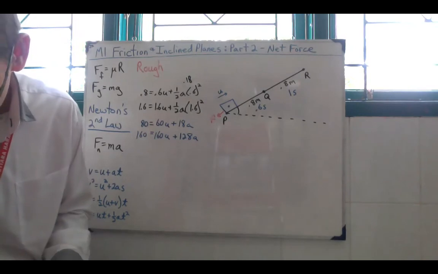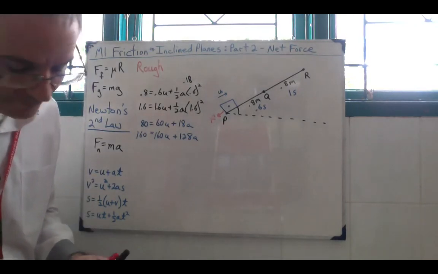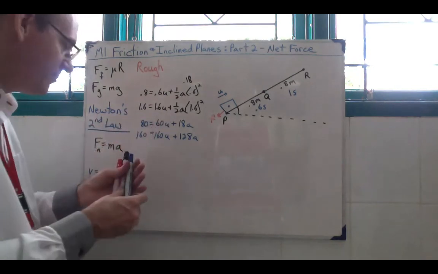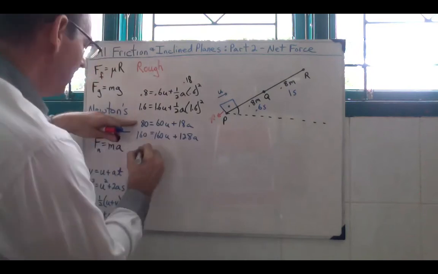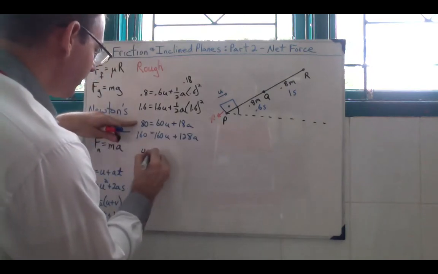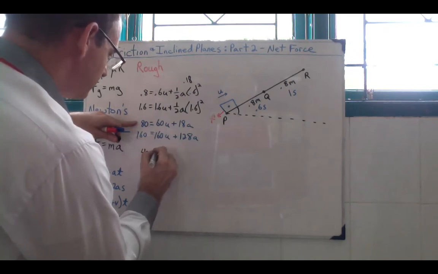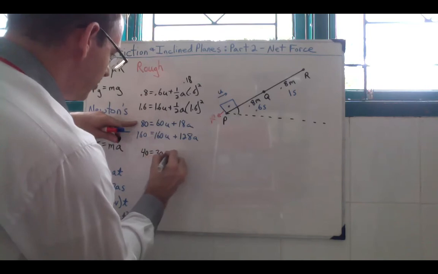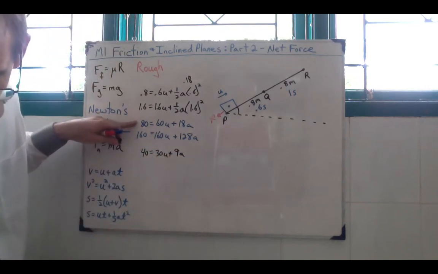We can divide the top one by 2, which gives us 40 equals 30u plus 9a.